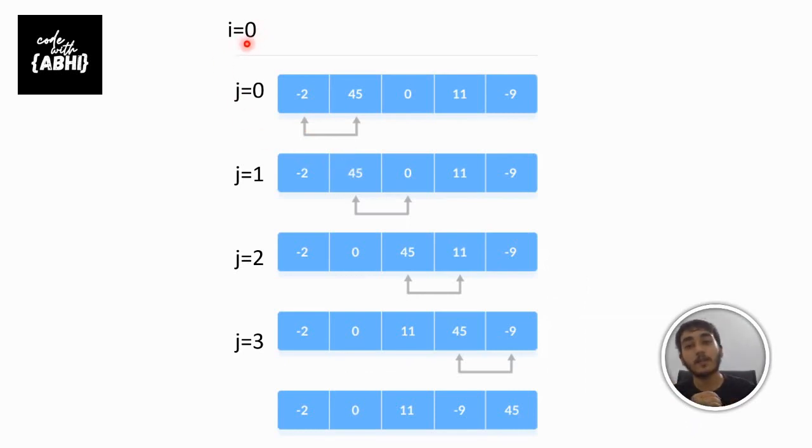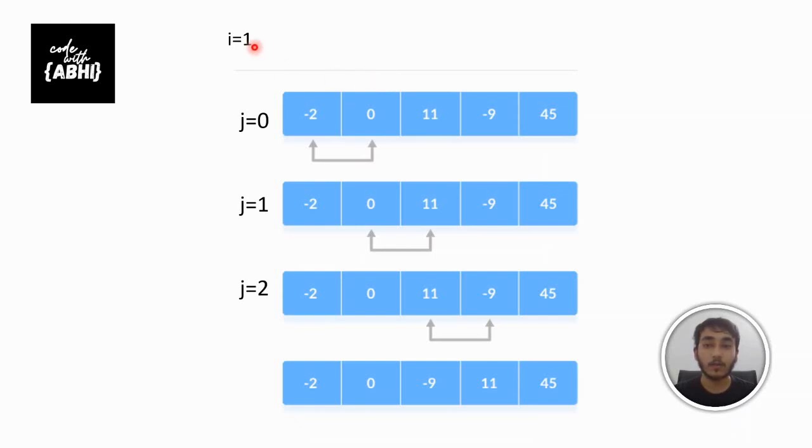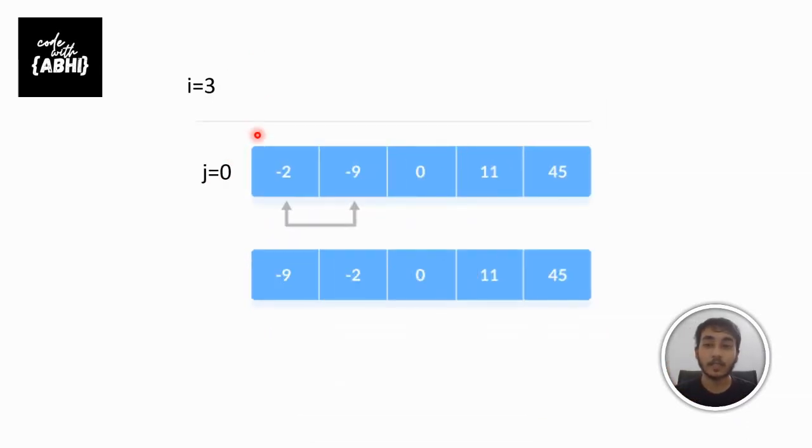Since here the value of i was 0 in the first loop, by the formula j was equal to 4. So in the first loop, the number of iterations that took place was 4. In the second loop, the value of i was 1, so j will be equal to 3, so only 3 iterations will get executed, and in the last loop i will be equal to 3, so j will be equal to only 1. So only one iteration will take place.